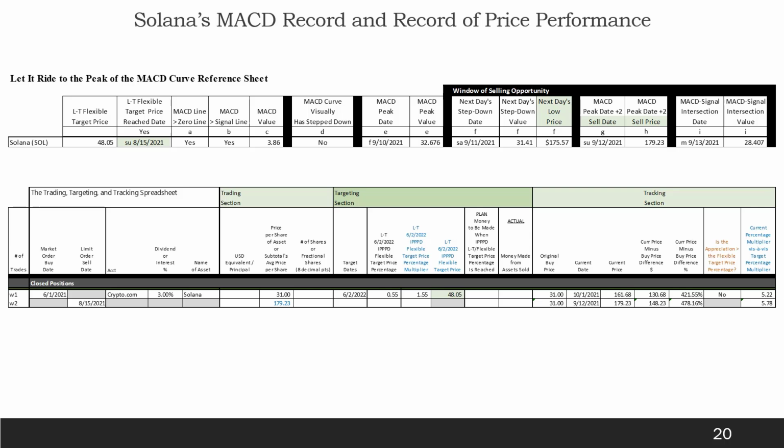On the reference sheet in the next column, we entered yes for B. C, enter the value of the MACD line. See the value on the y-axis on the right side of the MACD graph. It was 3.862. D, on August 15th, the MACD curve visually had not stepped down. We entered no, it is riding up.